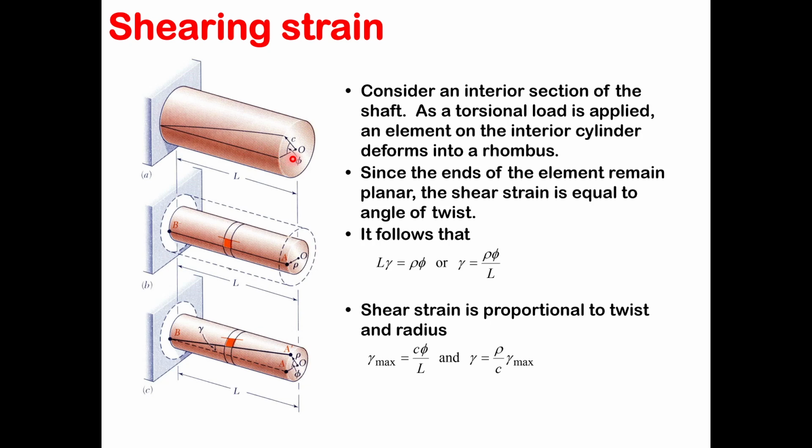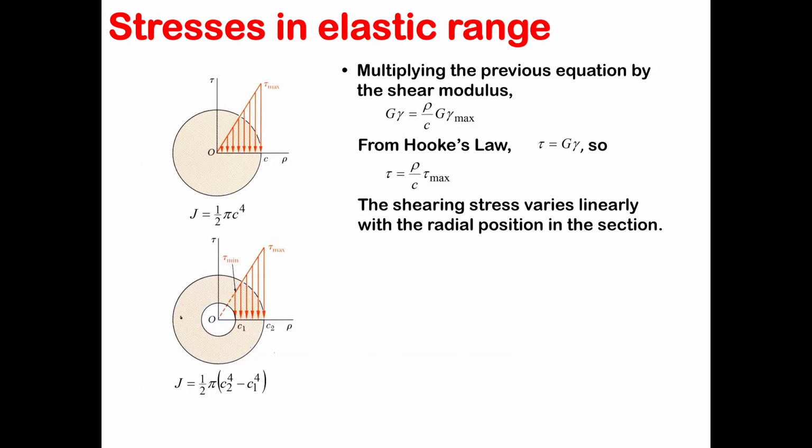As you can see, there's a linear relationship that goes from 0, where rho is 0, to the gamma maximum, where rho is equal to C. So your distribution is going to look like this, the distribution of shearing stress. But how can we find the shearing stress? Pretty easy. We want to use Hooke's law.